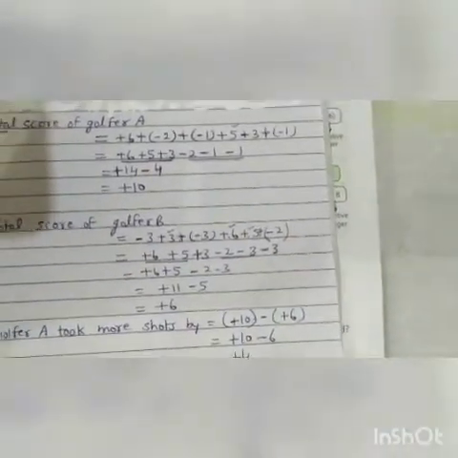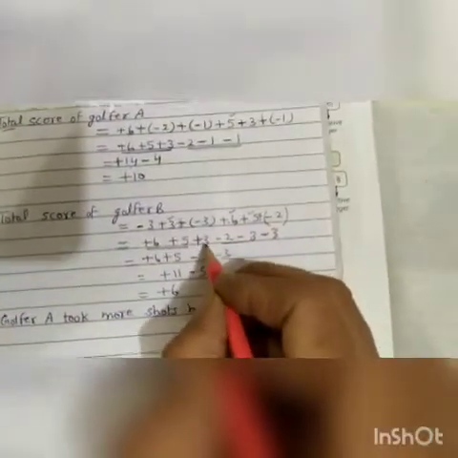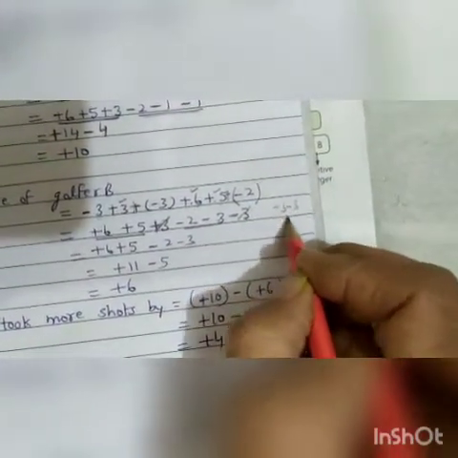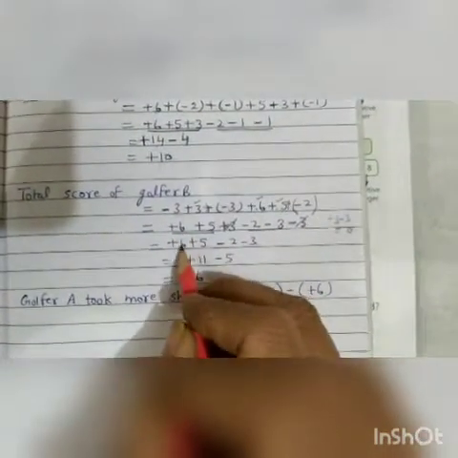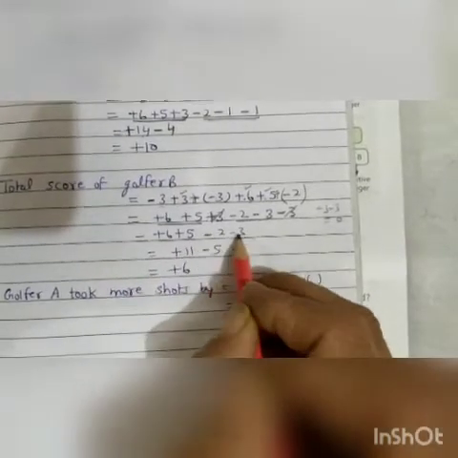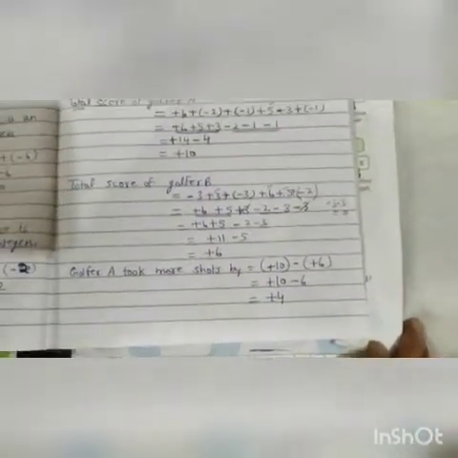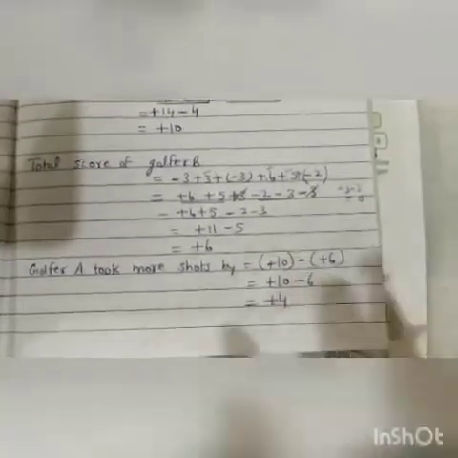These are additive inverses, which I explained just now in this question and in the properties also. So this plus 3 and this minus 3 will cancel, means plus 3 and minus 3 is equal to 0. So we have cancelled these: plus 6 plus 5 minus 2 minus 3. Now plus 6 plus 5 is plus 11, minus 2 minus 3 is minus 5. Solve it, plus 6. So the score of golfer A is plus 10 and the score of golfer B is plus 6.